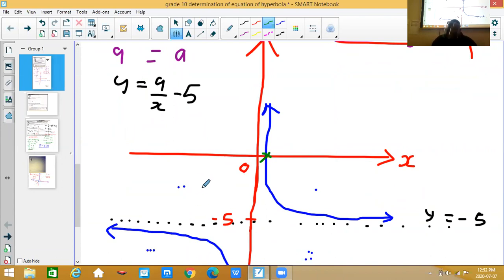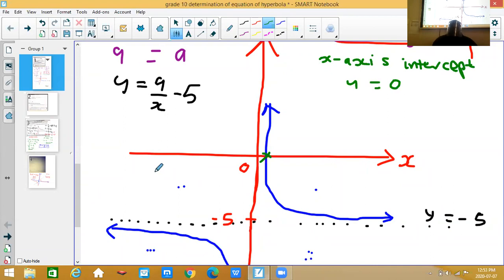Now, where this graph cuts the x-axis, we want the x-axis intercept. On the x-axis intercept, y is going to be 0.